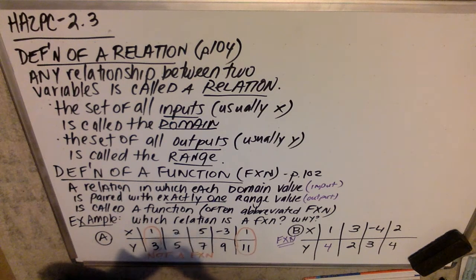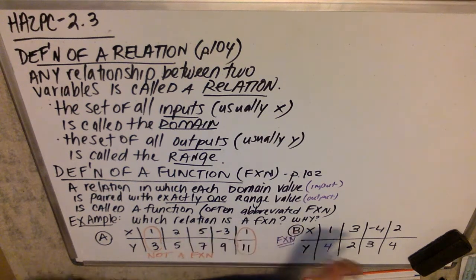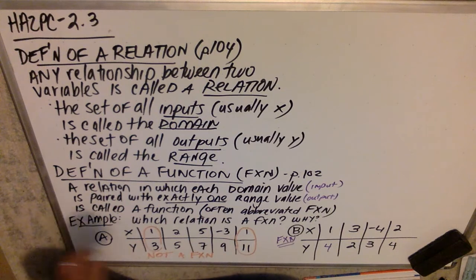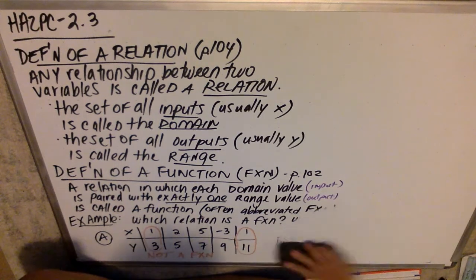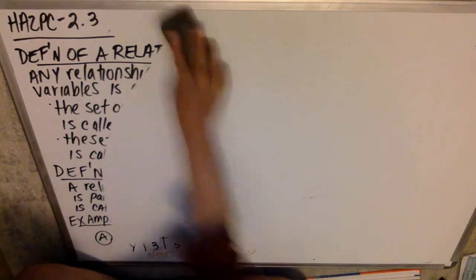So let's actually walk through an example similar to this one. We'll do an E1 and a P1 that's similar to this, okay? And then we're going to talk about a thing called the vertical line test. All right. So for an E1, P1, the entire question is going to be, is it a function or not?